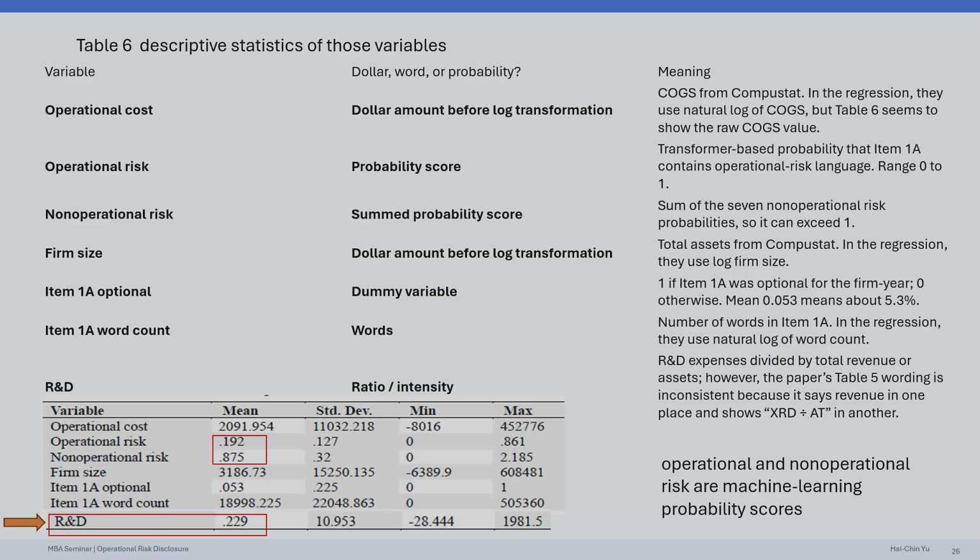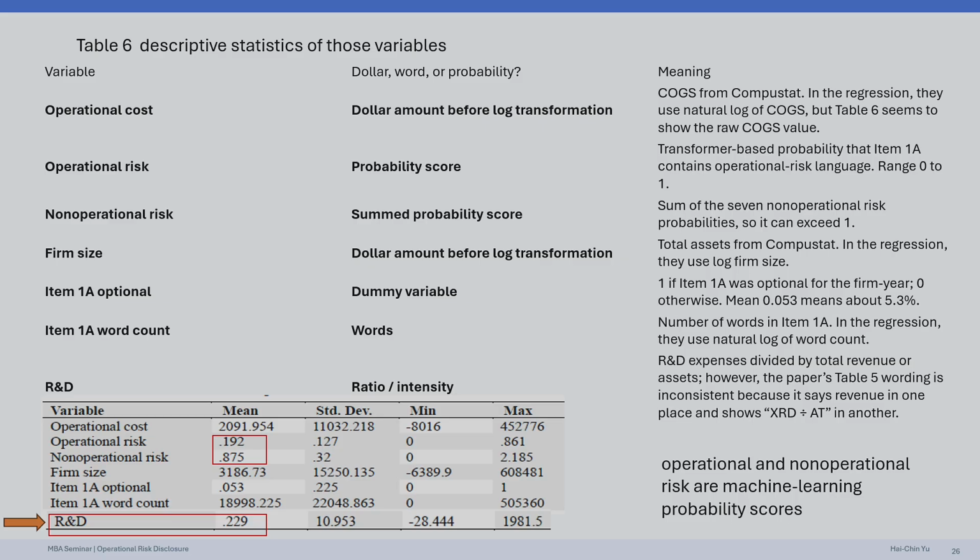But this data set appears to have 22%, extremely high. And unbelievably, they have negatives, the same way cost of goods sold has negatives. So the data still has some noise without cleaning.